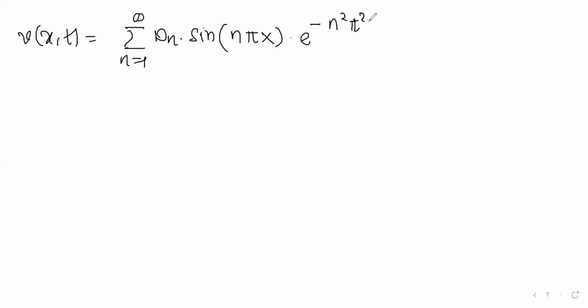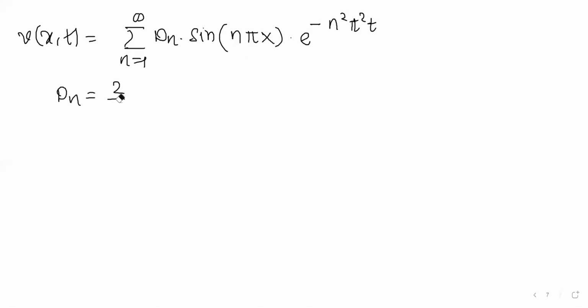So now here it is. So v of x, t will now be the sum from n equals 1 to infinity of dn sine n pi x, because l is 1, so e power minus c is also 1, so it will be just simply n square pi square t. All right, and this dn will be given by 2 over l.